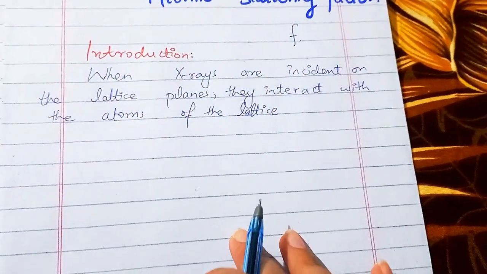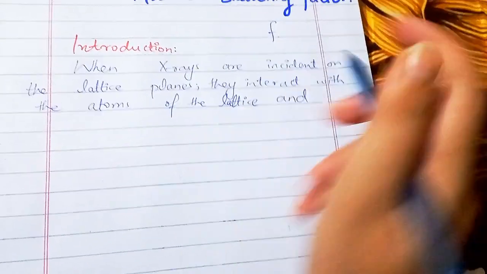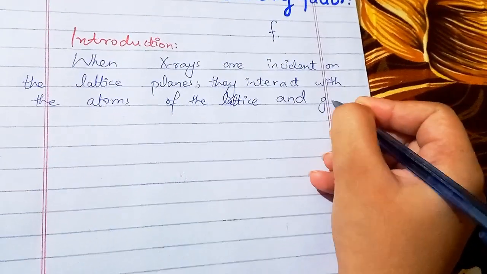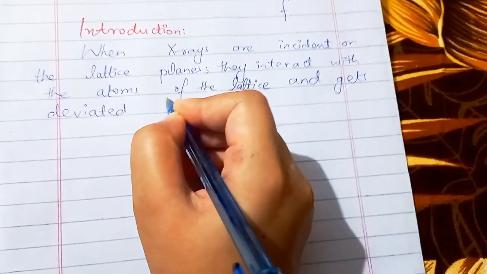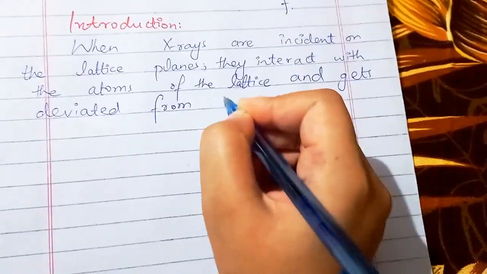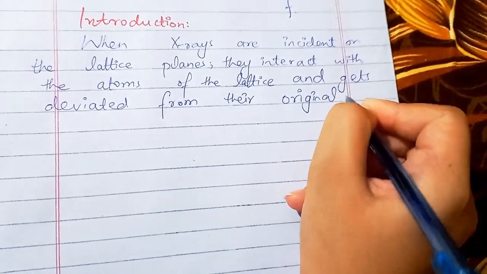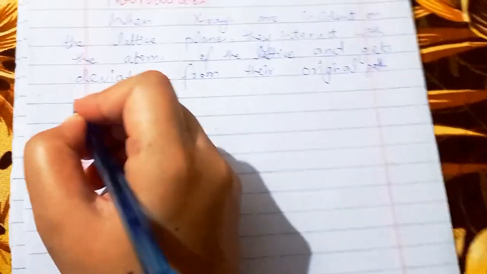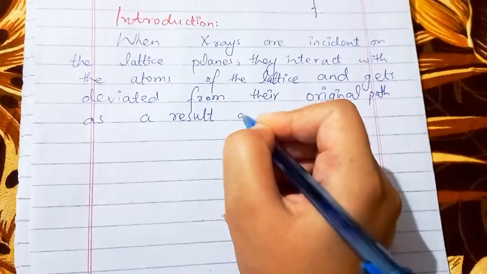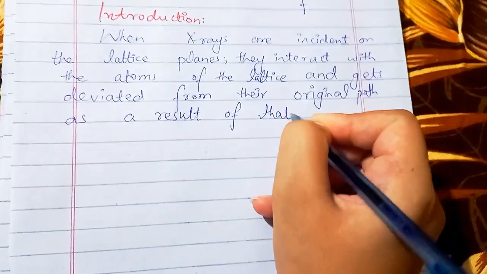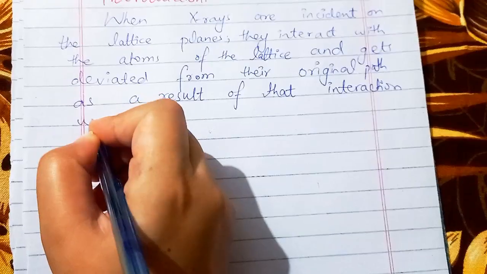Now let's see what happens further. After interacting with the atoms of the lattice, X-rays get deviated from their original path as a result of that interaction with atoms.